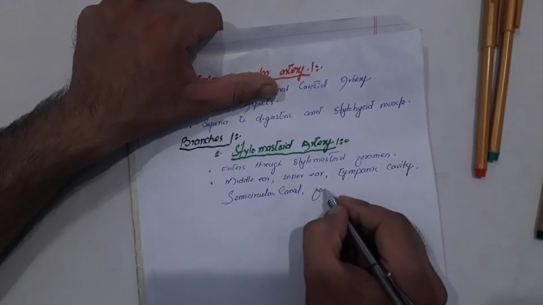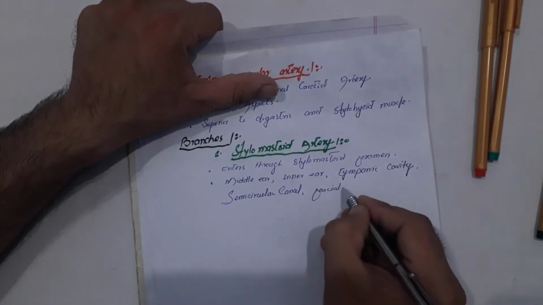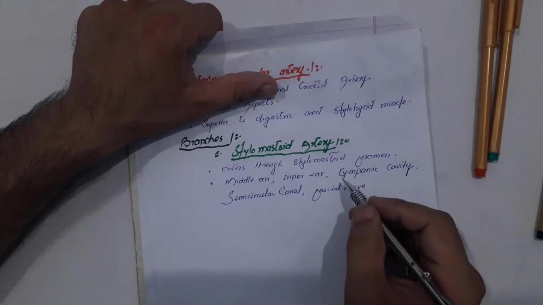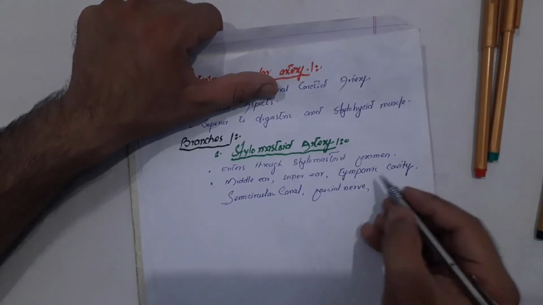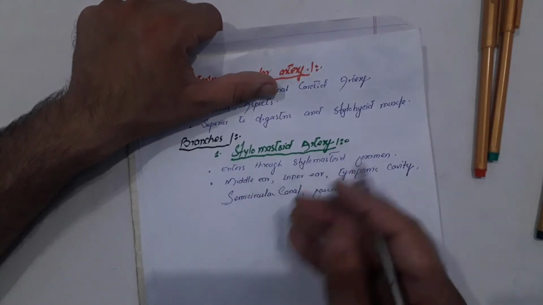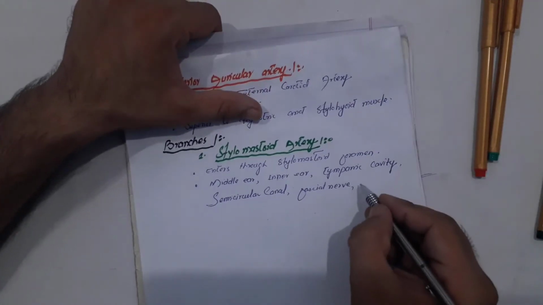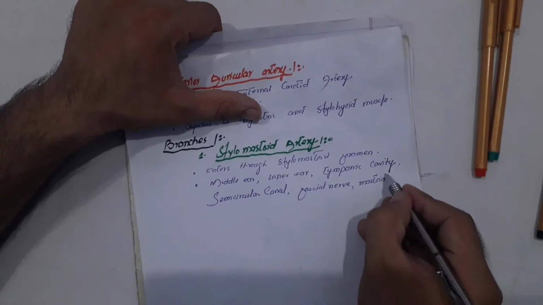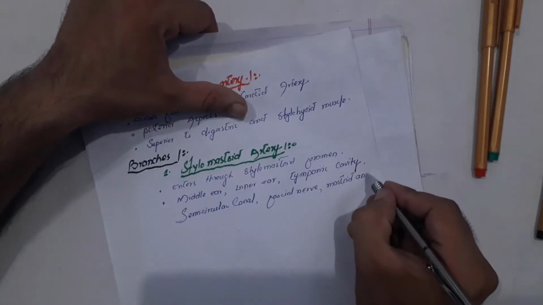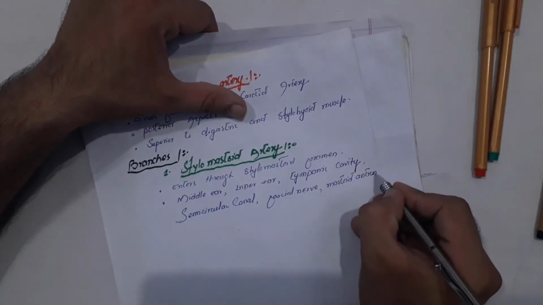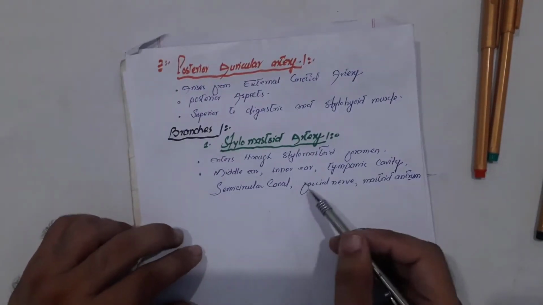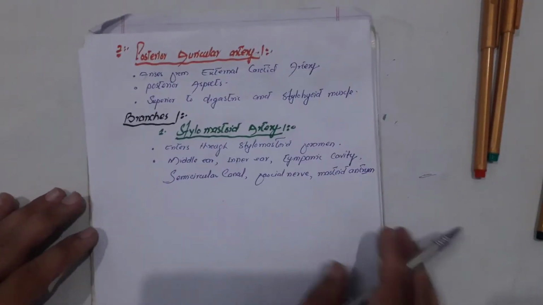So a little part of the facial nerve is also supplied by this artery, the stylomastoid artery. And the last thing that this artery supplies is the mastoid antrum. You should remember that the stylomastoid artery supplies blood to these parts, right?